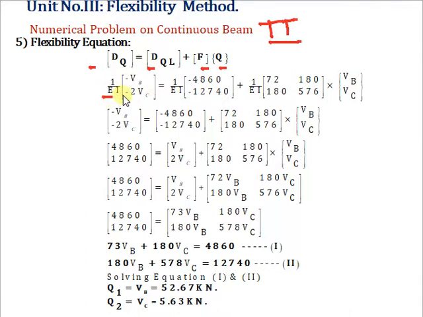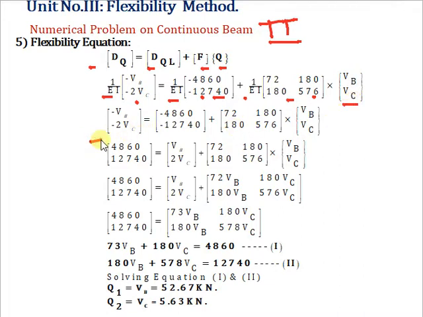So 1 upon EI taken outside, minus VB divided by minus 2 VC is equal to 1 upon EI minus 4860 and minus 12740, plus 1 upon EI, the flexibility matrix 72, 180, 180 and 576, into the redundants VB and VC.